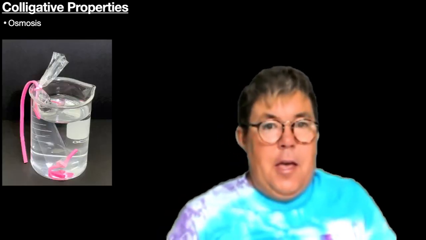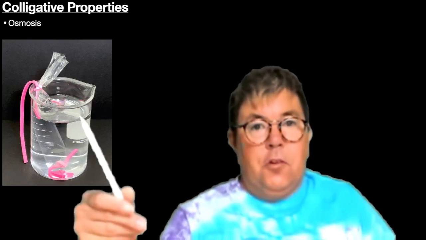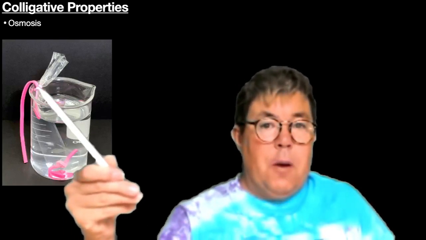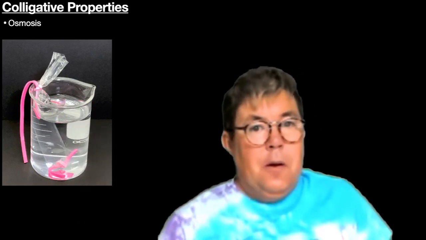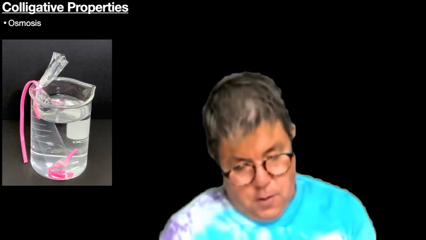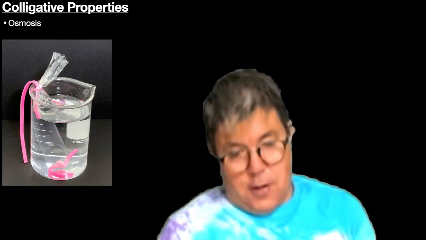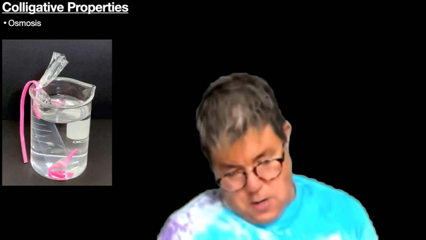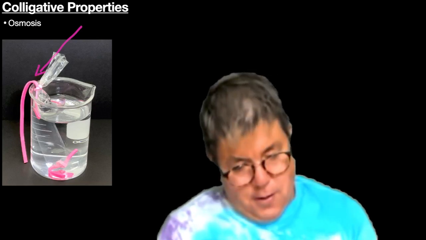I want to show you a brief schematic or picture I took. So in the experiment, you're going to have dialysis tubing tied up with rubber bands sitting in a beaker or a plastic cup full of water. Let me draw an arrow. So what's going to be in the dialysis tubing itself?